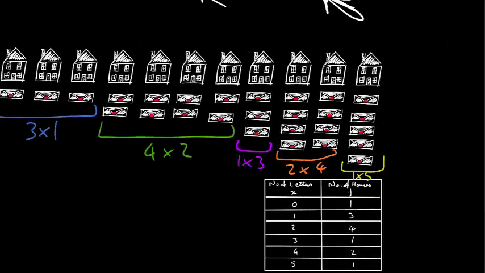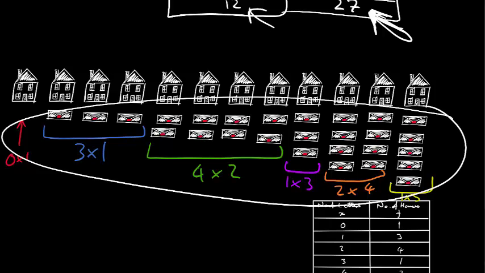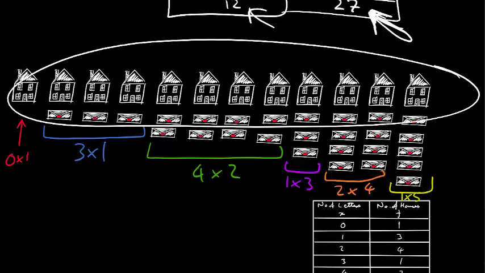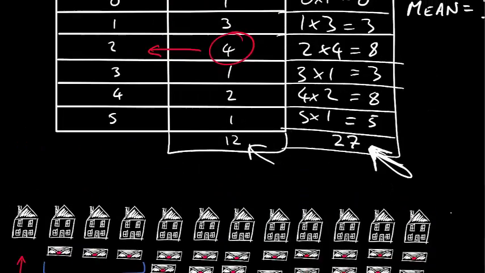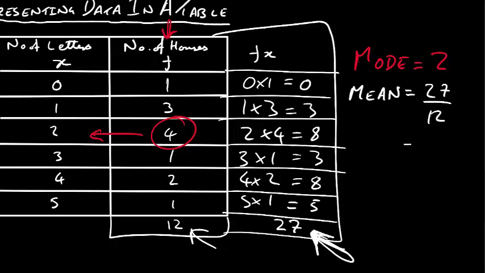Our 27 came from how many letters we got in total, and we had 12 houses because we just summed all the frequencies together. So we have 27 over 12, which works out just over 2, so about 2 and 3/4, isn't it? Sorry, 3 over 12, which works out as 1/4, so 2 and 1/4, so 2.25.